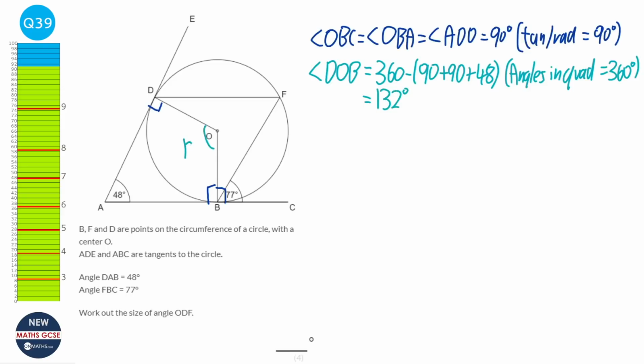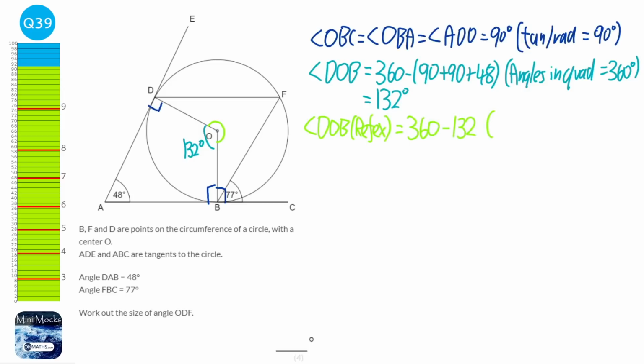So this is 132. But we also have this angle here, which is also angle DOB, but I'm going to call this the reflex one. And to work this one out, we just do 360, take away 132. And the reason for that is angles on a point equal 360 degrees. And so we're going to do 360, take away 132, which is 228. So this is 228 degrees.